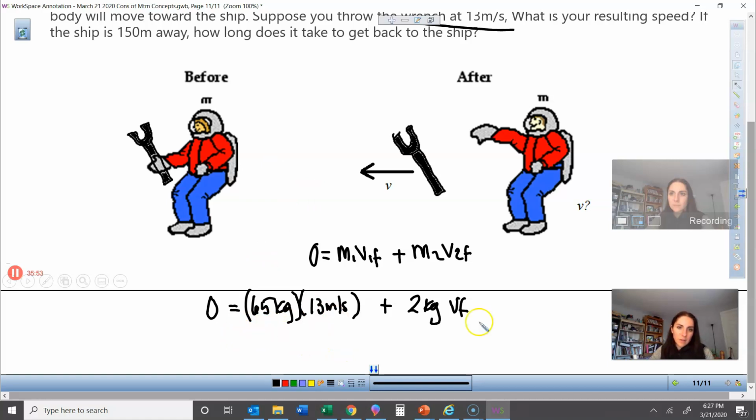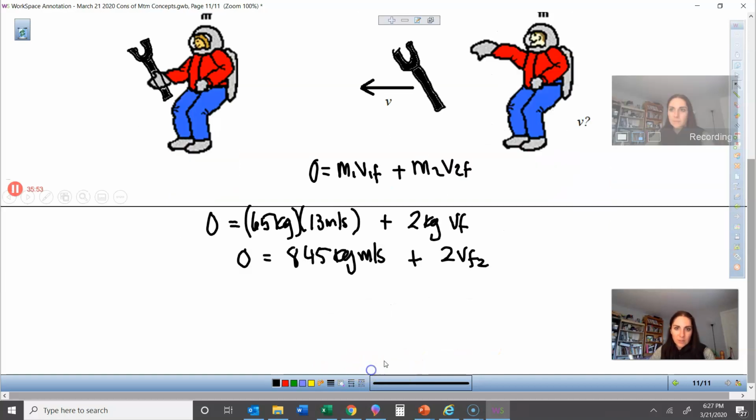So if I solve for this, I get 0 is equal to 845 kilograms meters per second plus 2 v. 2, I mean, you know what I mean, the other guy. But now I have to move this over, so I actually have to subtract 845 from both sides.